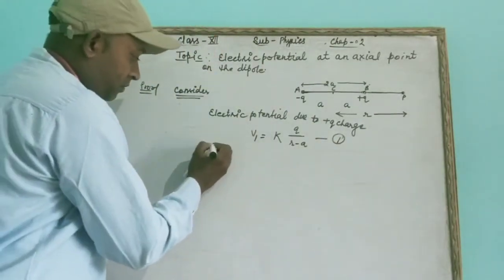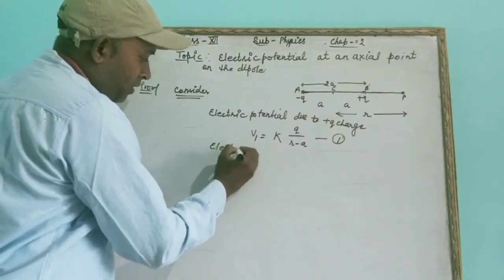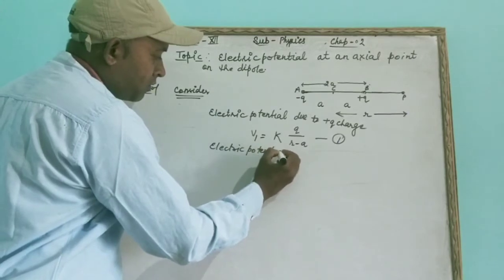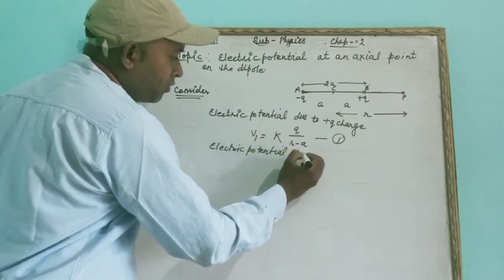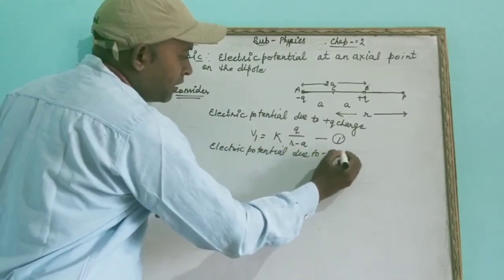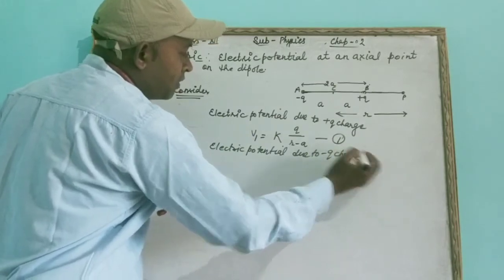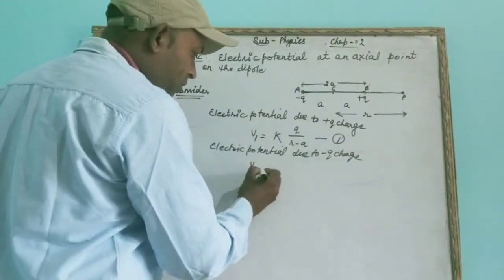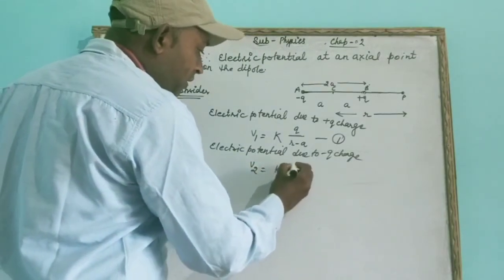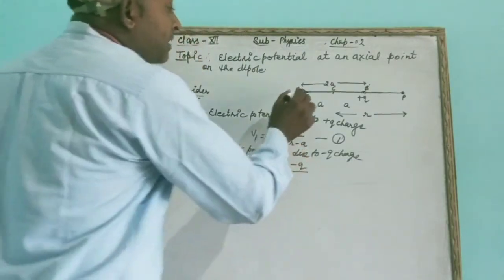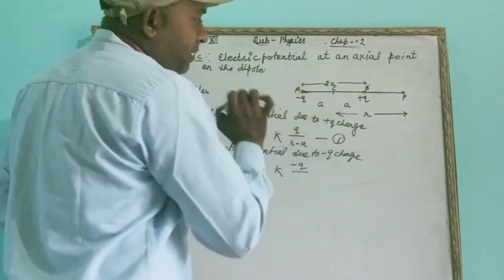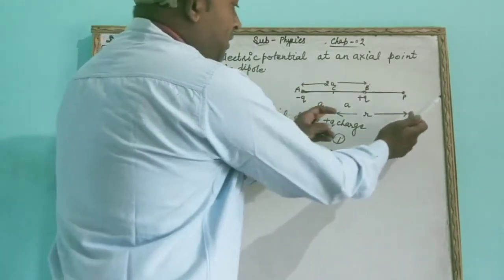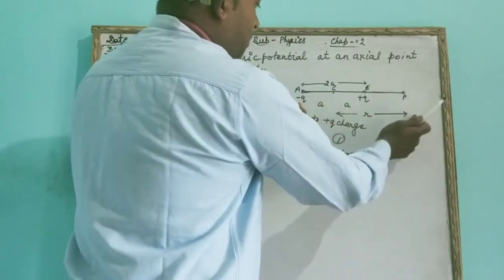Now the electric potential due to the negative charge. Same, V2 is equal to k into minus Q, as minus Q lies at point A. So the distance from P to A is r and a, so total r plus a.